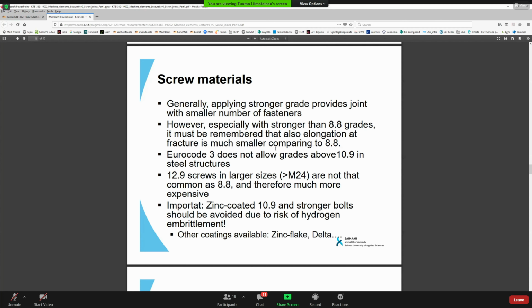The coating process on high-strength steels causes hydrogen to make the material more brittle, and therefore it should be avoided. But there are other coatings that you can use quite safely for 10.9s, such as zinc flake coating, delta coating, and numerous others. But if you have plain zinc, don't apply that to 10.9s.